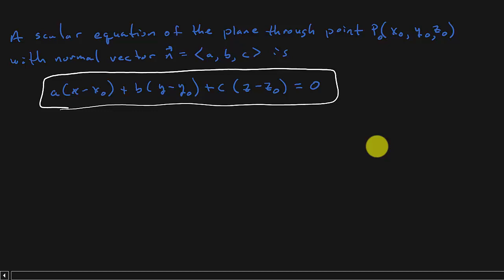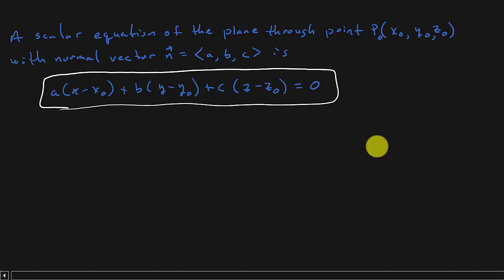We just got finished doing lines, and in order to get the equation of a line, you notice that we needed a point, and we needed a vector parallel to the line. Well, look at this.